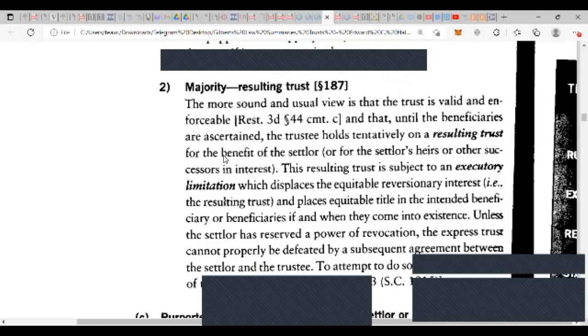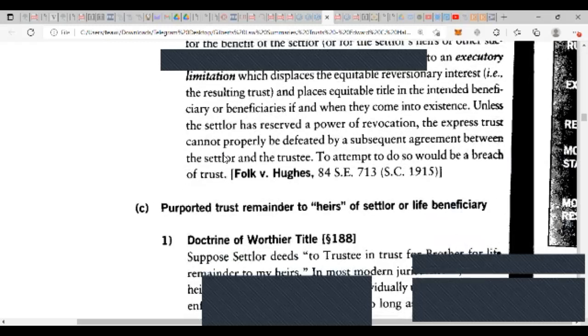The resulting trust is subject to an executory limitation, which displaces the equitable reversionary interest, i.e. the resulting trust, and places equitable title in the intended beneficiary or beneficiaries if and when they come into existence, unless the settlor has reserved the power of revocation.